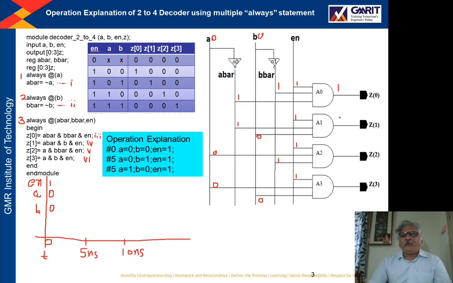Here B bar is 0, so this is 0, and this A is 0, which is the input of this A2 gate, so A3 gate output is 0. This reflects the condition of this row of the truth table. Z naught is 1 and the remaining three outputs are 0.